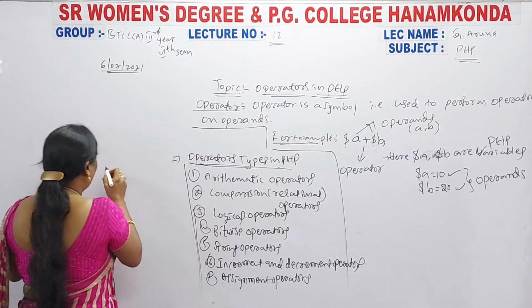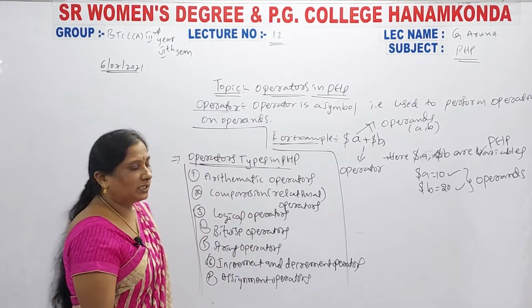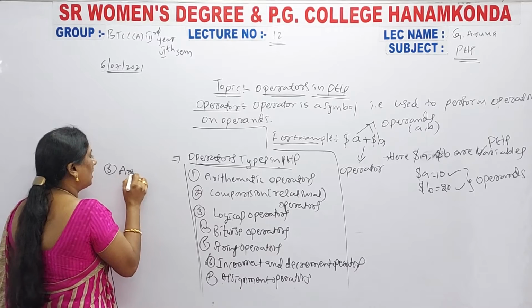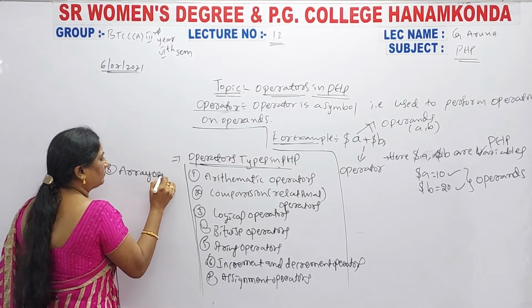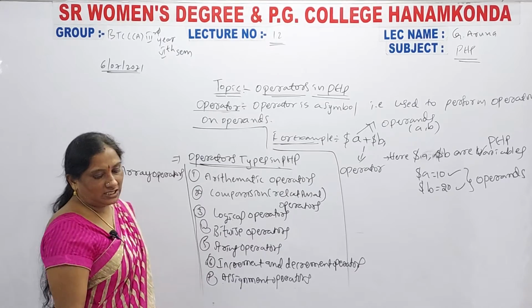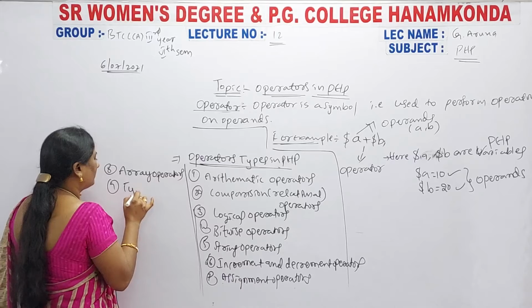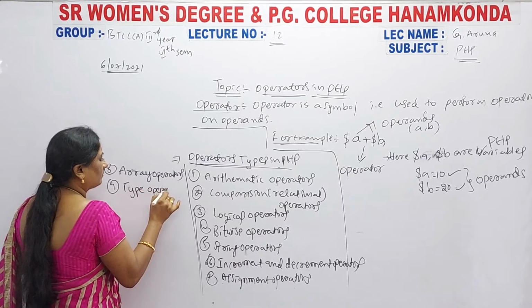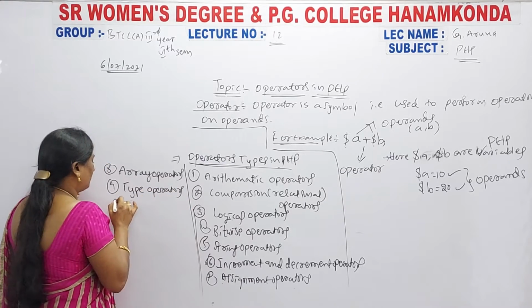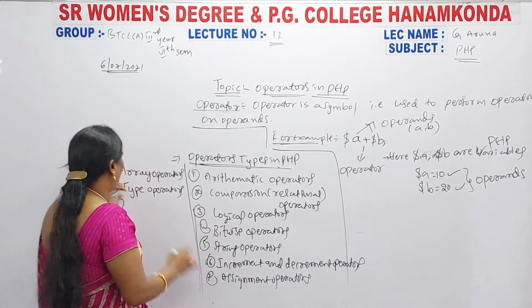The eighth one is which operator here? Array operators. Then the ninth one is which operator? Type operators. Then the tenth one is execution operators.